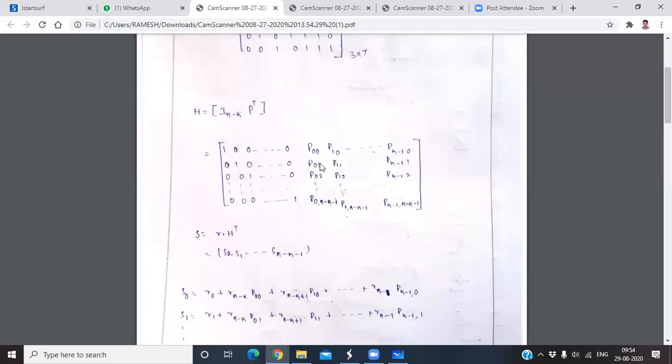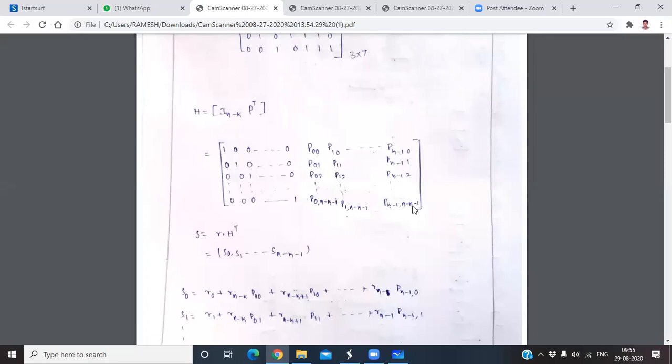You can write like that also. Similarly here also p12, p22 up to so on pk2. But here I want to consider the index starting from 0. That's why p00, p10 up to so on pk minus 1 0, then pk minus 1 1 up to so on pk minus 1 n minus k minus 1.